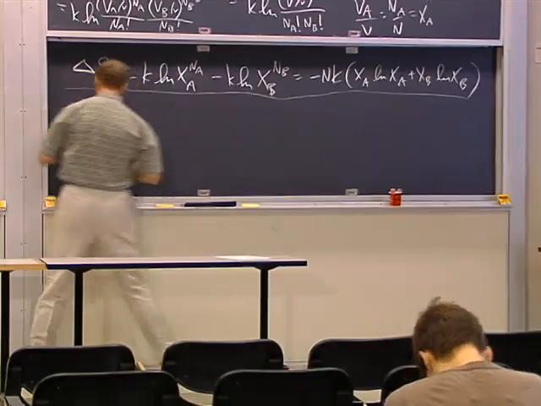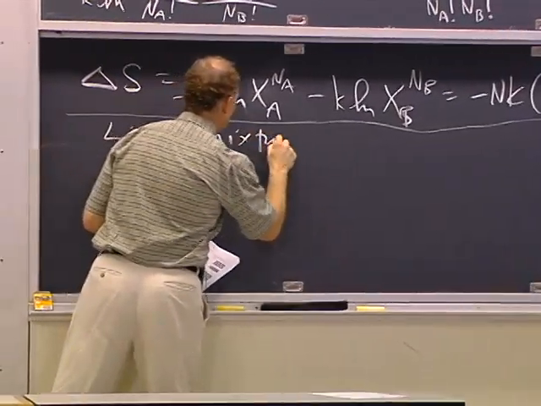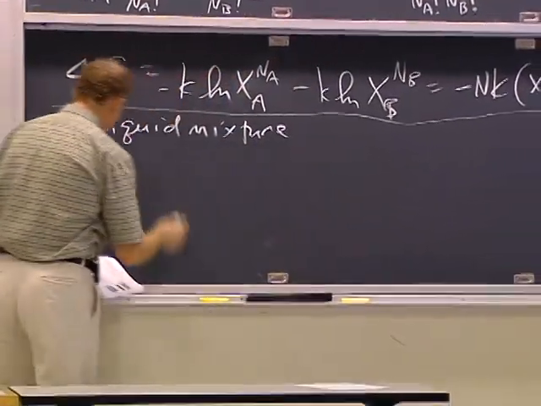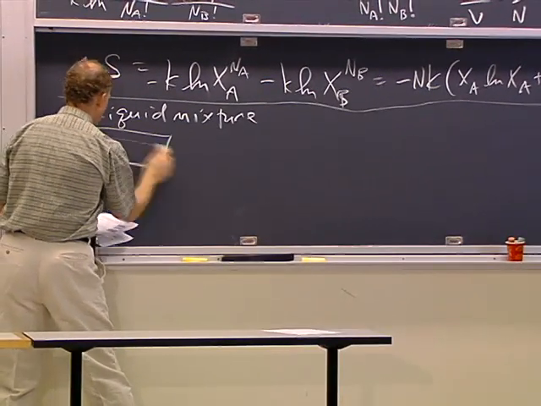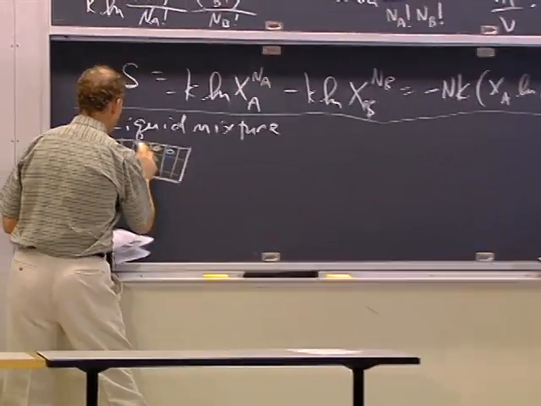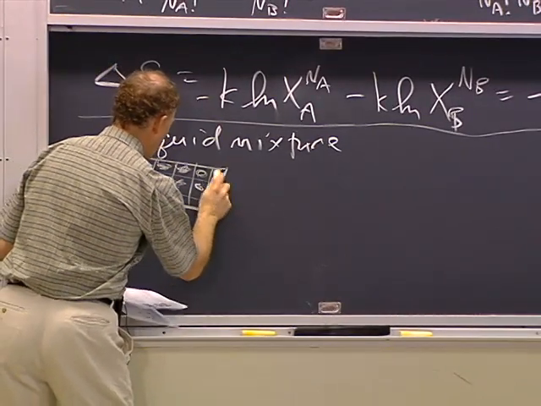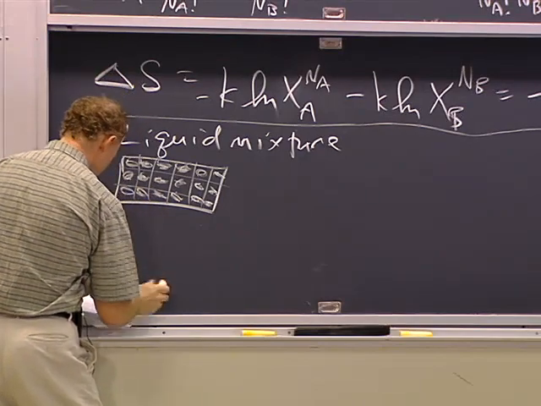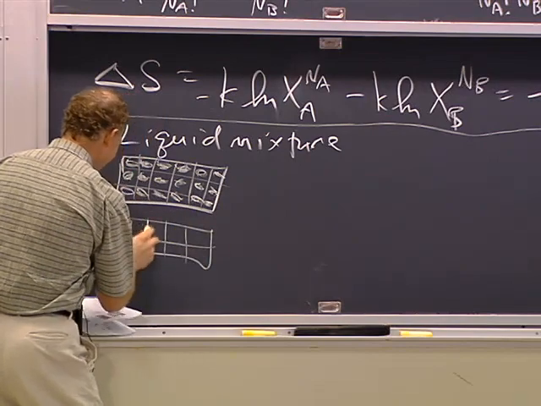So okay, let's look at a liquid mixture. So now it's going to look like this, and they're all filled up. And I should have used fewer sites maybe, but that'll be easier here.